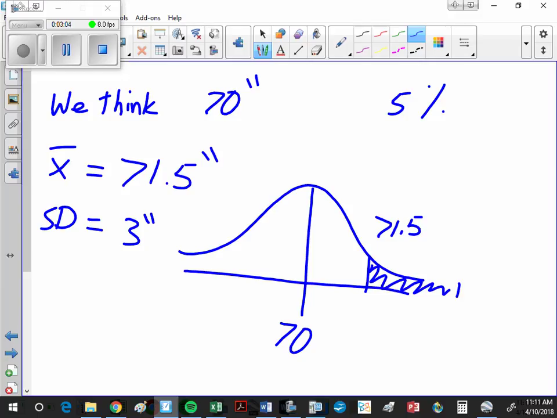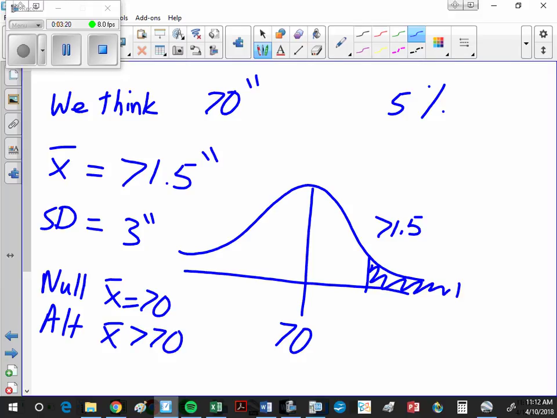So my null hypothesis says X bar equals 70. My alternative hypothesis says X bar is greater than 70. I'm attempting to prove that 70 is true when I'm willing to be wrong 5% of the time.